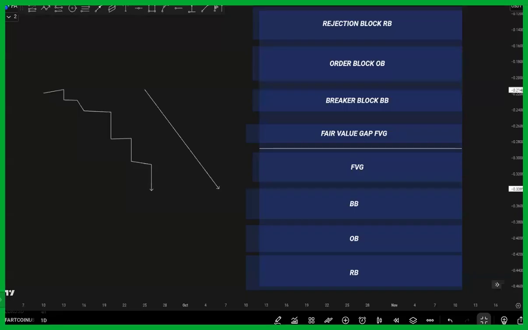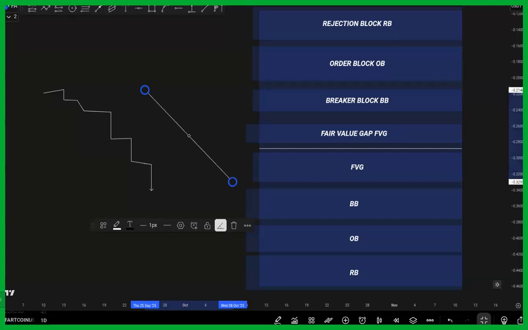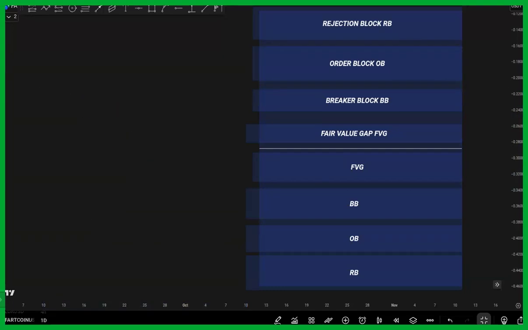And then we were talking about how to identify the fair value gap. To identify the fair value gap, we make use of three consecutive candles. It doesn't have to be candles of the same color. You just want to see the gap.